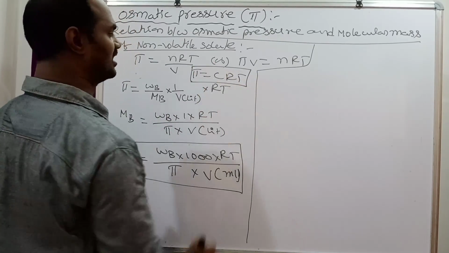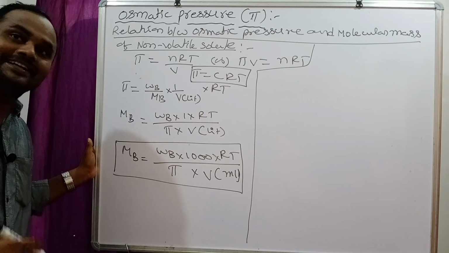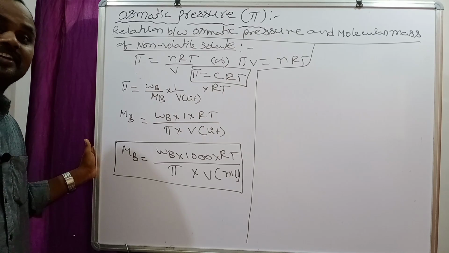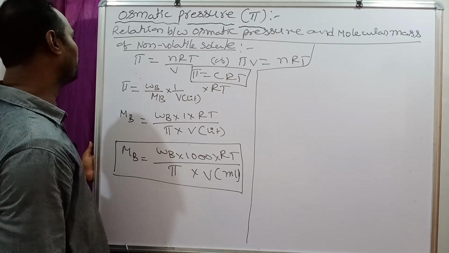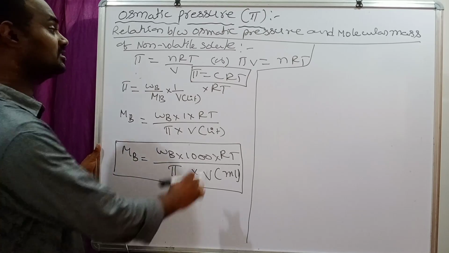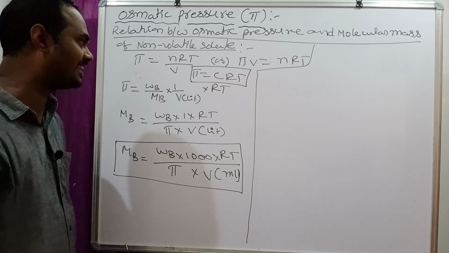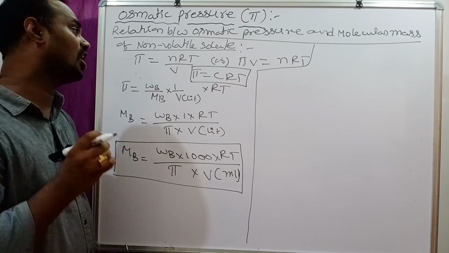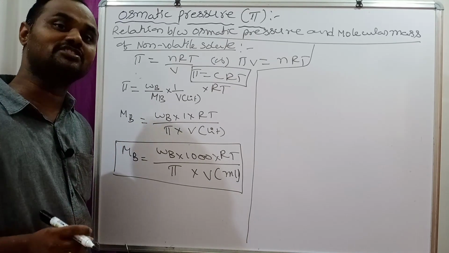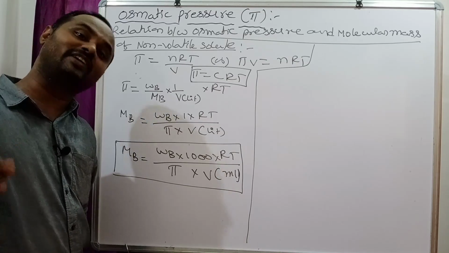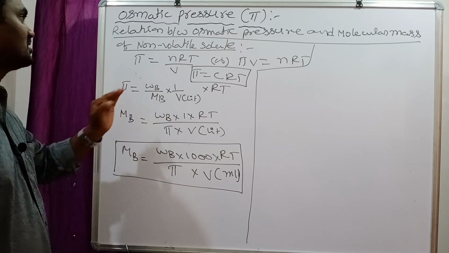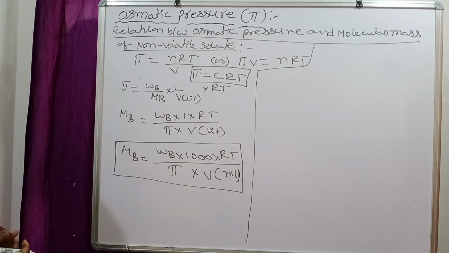In elevation of boiling point or depression in freezing point, the concentration term is molality, but in osmotic pressure we are using molarity instead of molality. Point 3, this osmotic pressure value is very high even for very dilute solutions also. Due to these three reasons, this is a very useful method to calculate molecular mass of unknown solute.